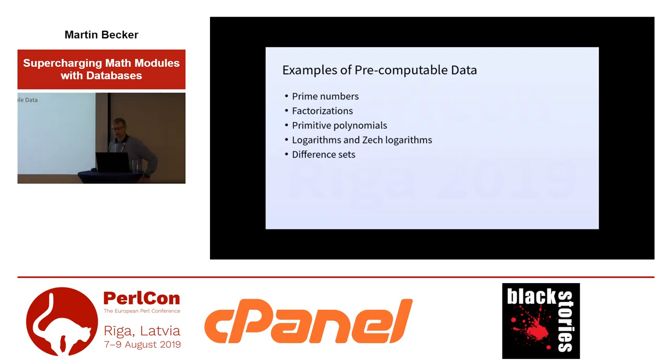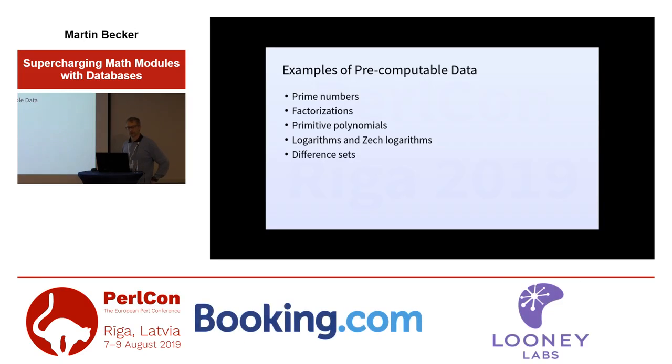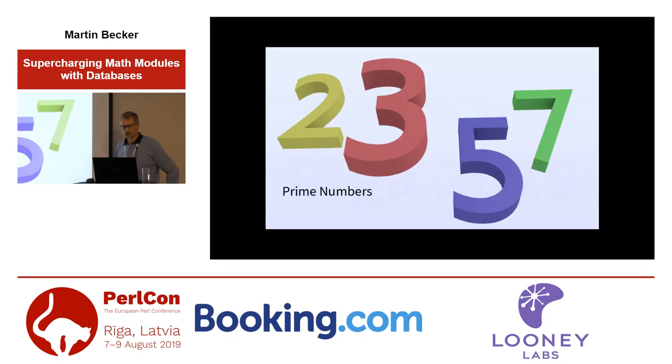We will look at a couple of examples of what kind of data you might want to package together with your distribution after having computed it in advance. First example are prime numbers. Prime numbers are needed in many algorithms.